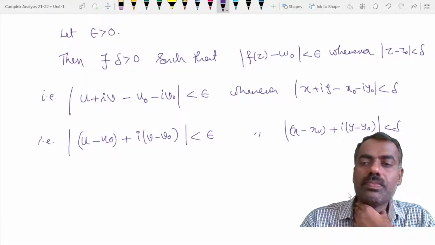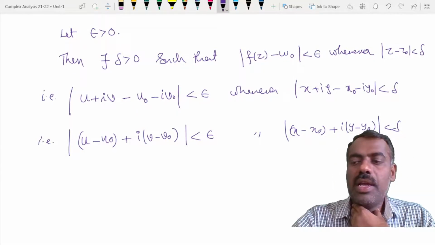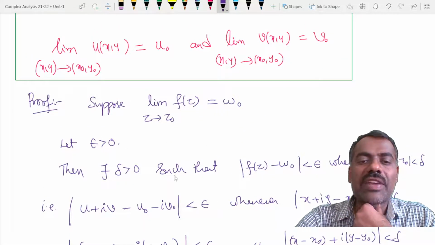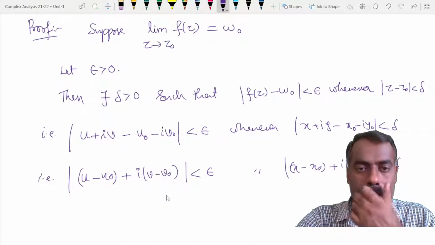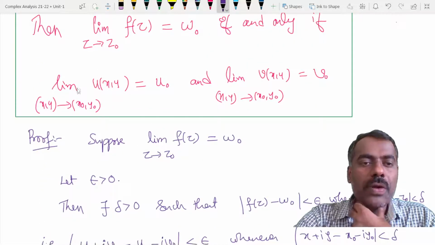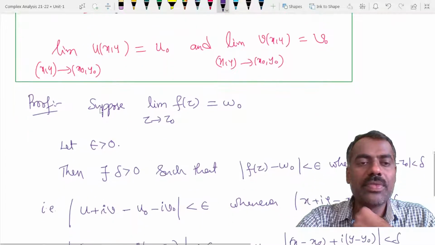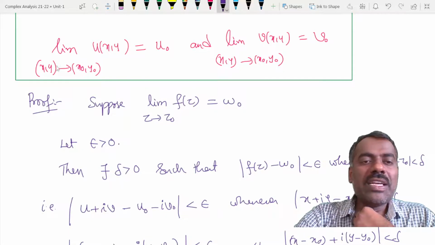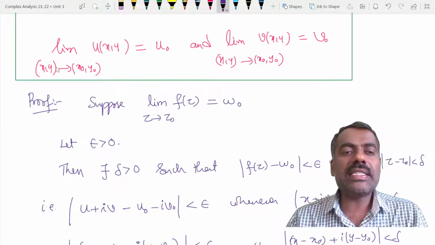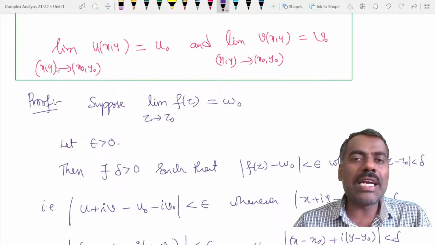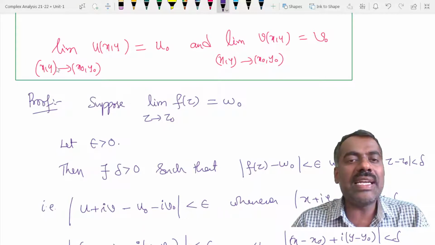Yes, sir. From this epsilon and the given data we got this much information. Now what do we want to prove? We want to prove that limit of u of x comma y is u naught as x comma y tends to x naught comma y naught. What is the meaning of saying that? In calculus, x comma y tends to x naught comma y naught means their distance is less than that delta.